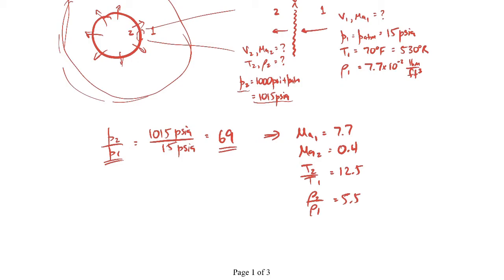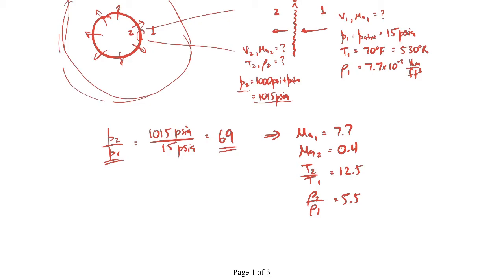So one of the things that you see right away is the Mach number of this shock wave is very high. It's 7.7. It's a fast-moving shock wave, right? It's because the faster the shock wave, the larger the pressure change across the shock wave. And this is a pretty large pressure change, so the Mach number will be pretty large.